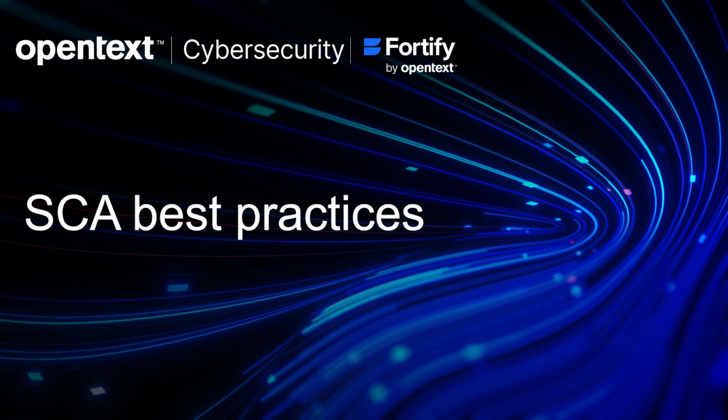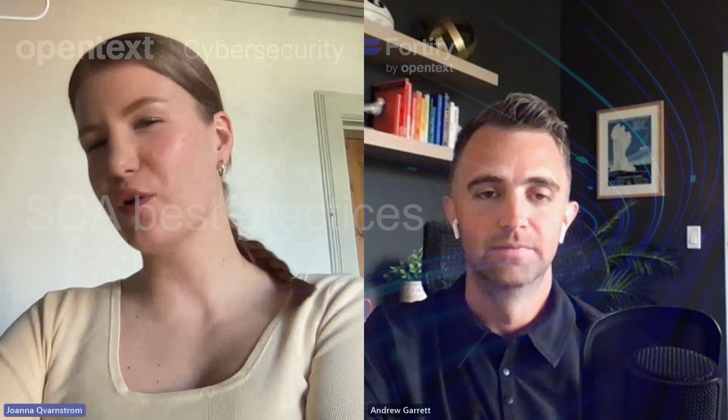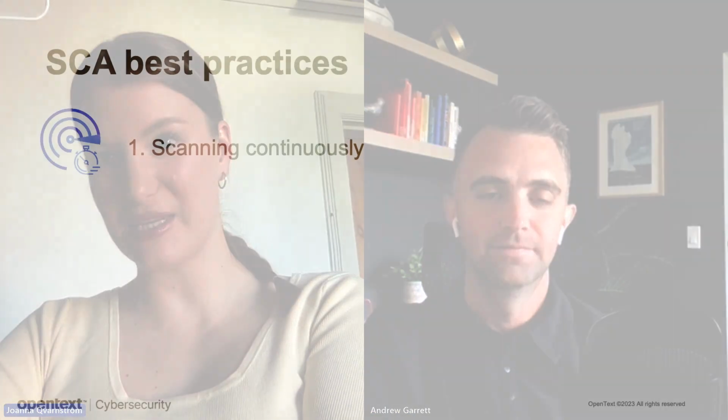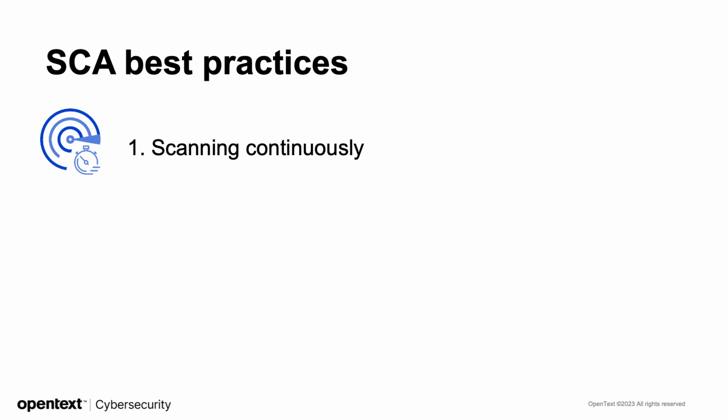So starting from the very beginning of the workflow of an SCA tool, I would say scanning continuously. This is something that we see with customers who aren't used to using SCA as much. They might use a tool to scan every once in a while, once per quarter, pull out the results in a report, and it gets left on a desk somewhere.